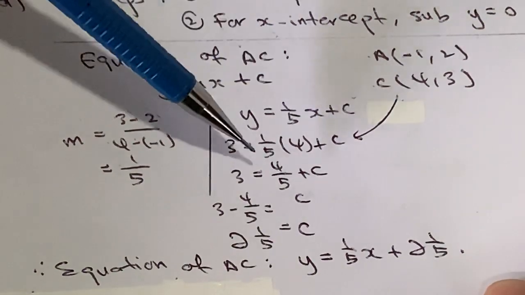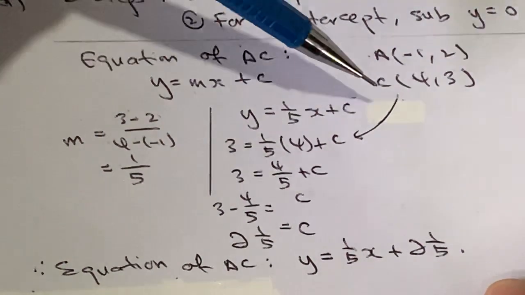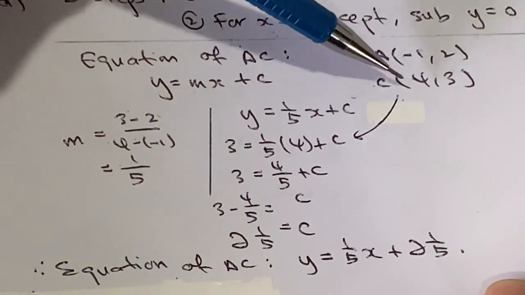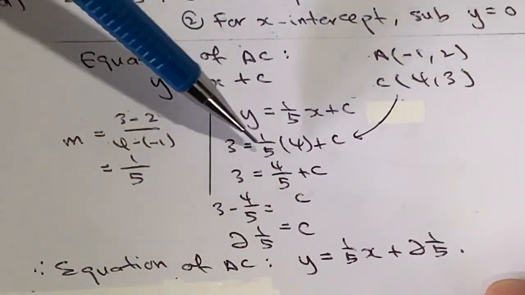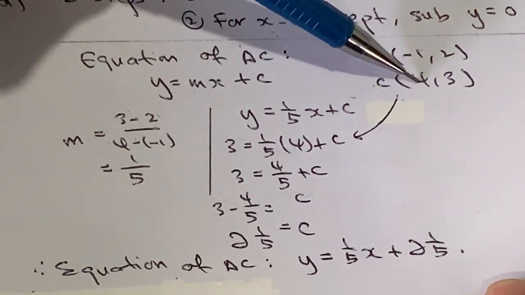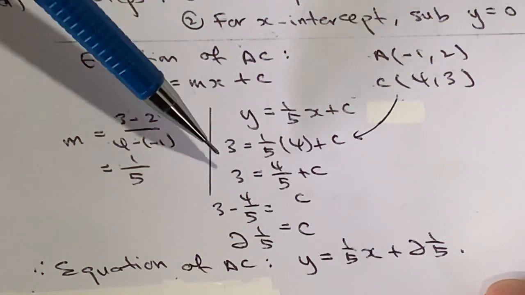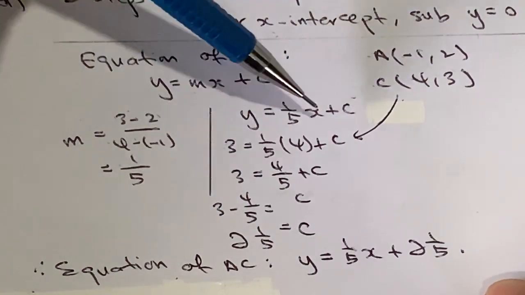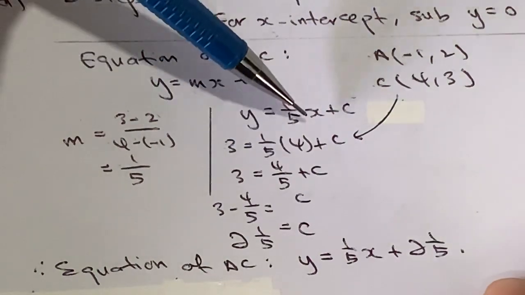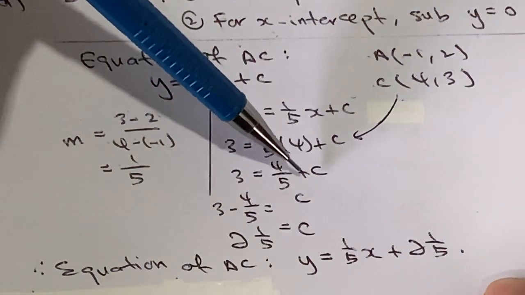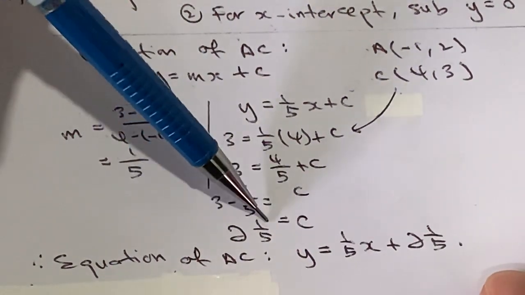So we will get c by using one of the points. I'm choosing 4, 3 here to substitute inside. So here x equals 4, y equals 3. I'm replacing the y as 3, the x as 4, and as I move on, I will get the value of c, which is 2 and 1/5.